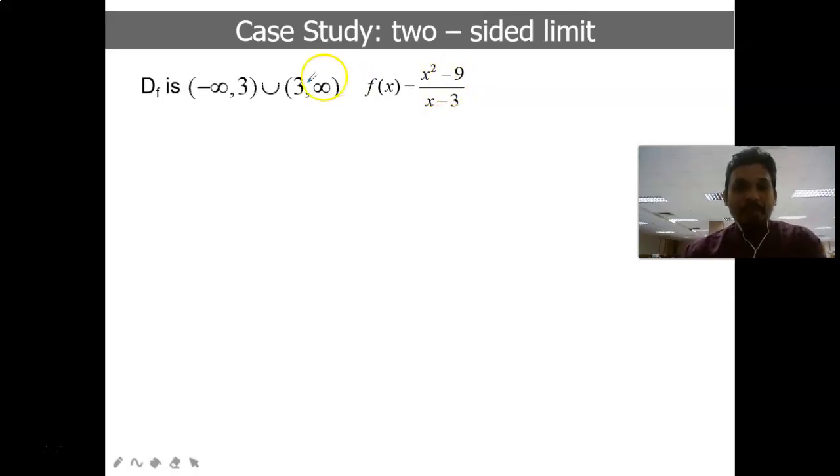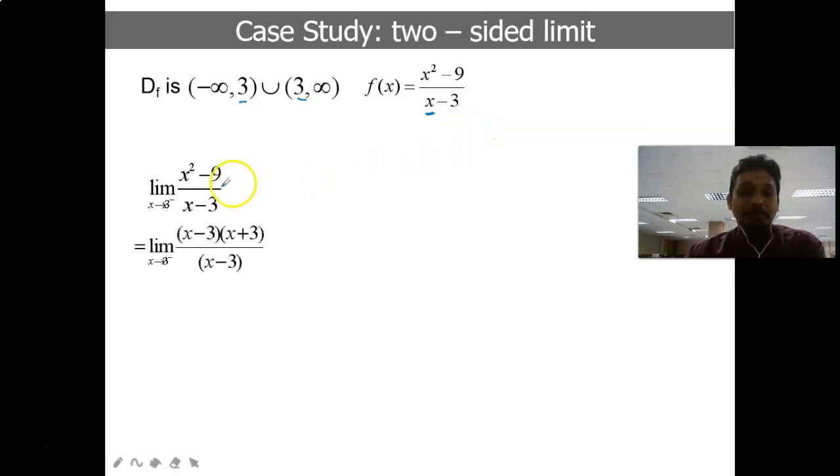The domain of this function is all values of x except when x equals 3. Why? Because if x equals 3, then 3 minus 3 equals 0, then the whole function is undefined. Also for x squared minus 9, when 3 squared equals 9, 9 minus 9 equals 0.